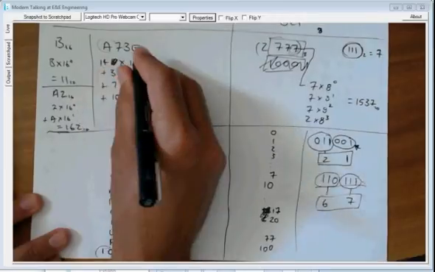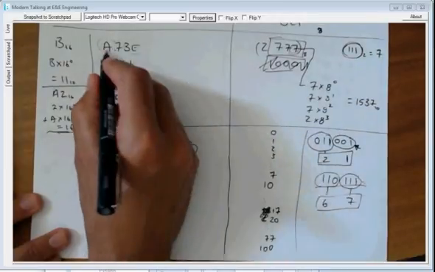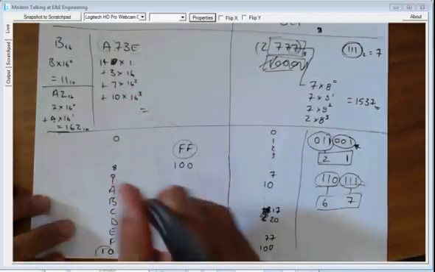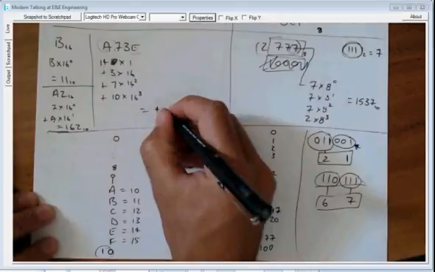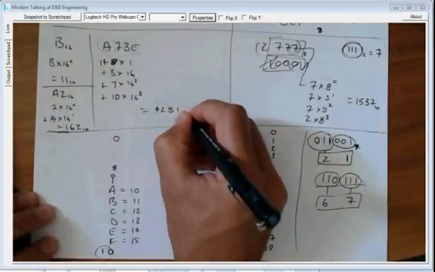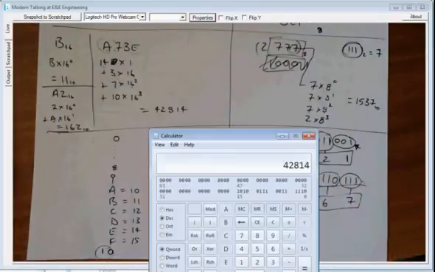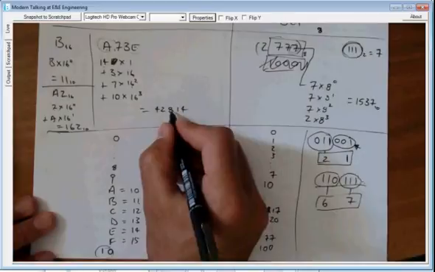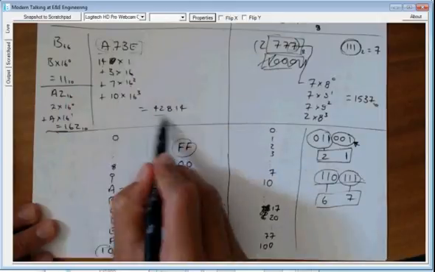So it's 14 times 1, 3 times 16, 7 times 16 squared, 10 times 16 to the 3, which gives you one massive number. I'll quickly calculate it. It gives you the number 42814, if I'm not mistaken. That's right, 42814.